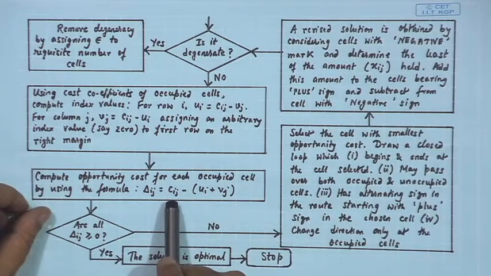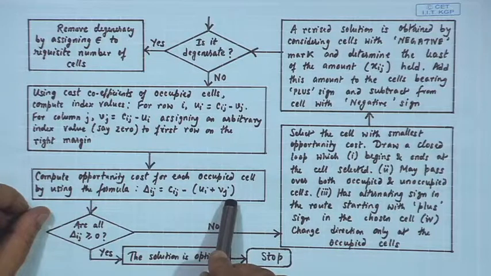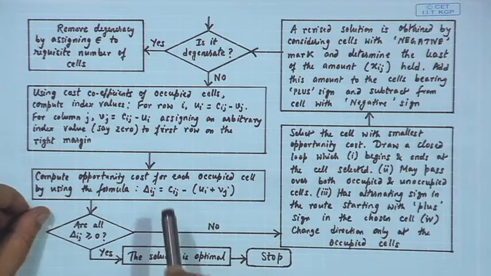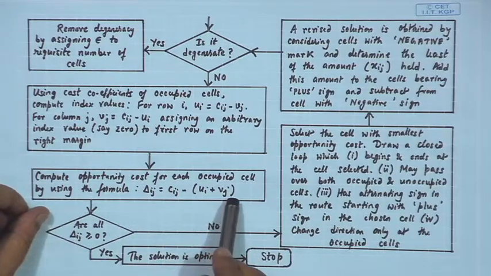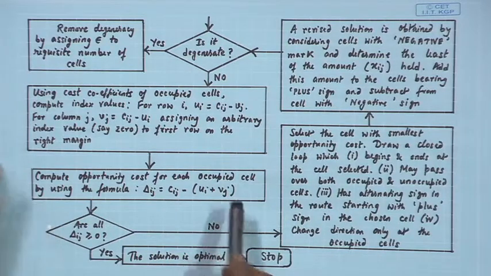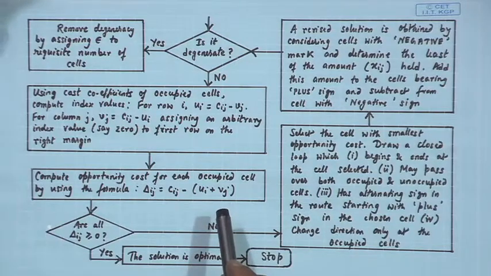So, I will calculate for each cell c ij minus (u i plus v j), which is delta ij. If delta ij is greater than or equal to 0, the solution is optimal and we will stop over here. So, basically for optimality I have to check whether c ij minus (u i plus v j) is greater than or equal to 0 or not. Please note this one.